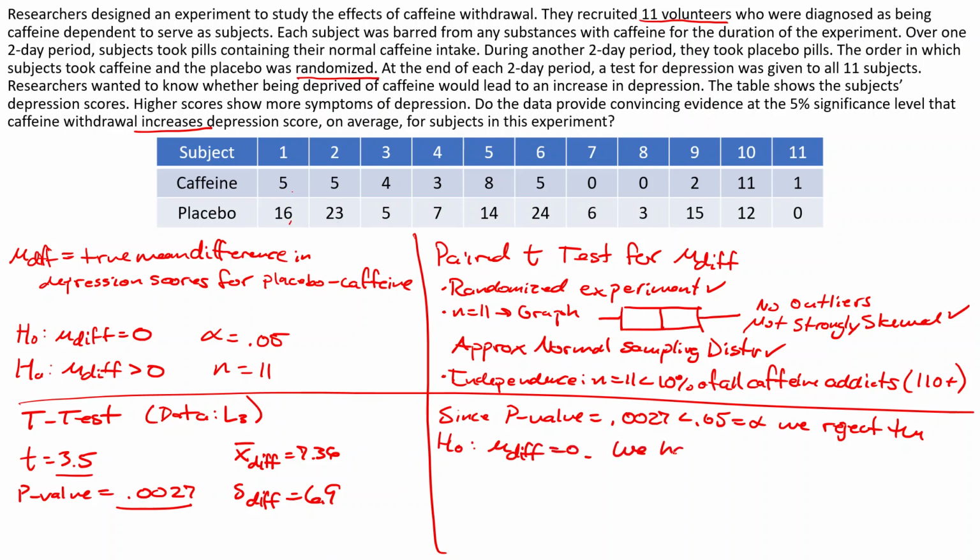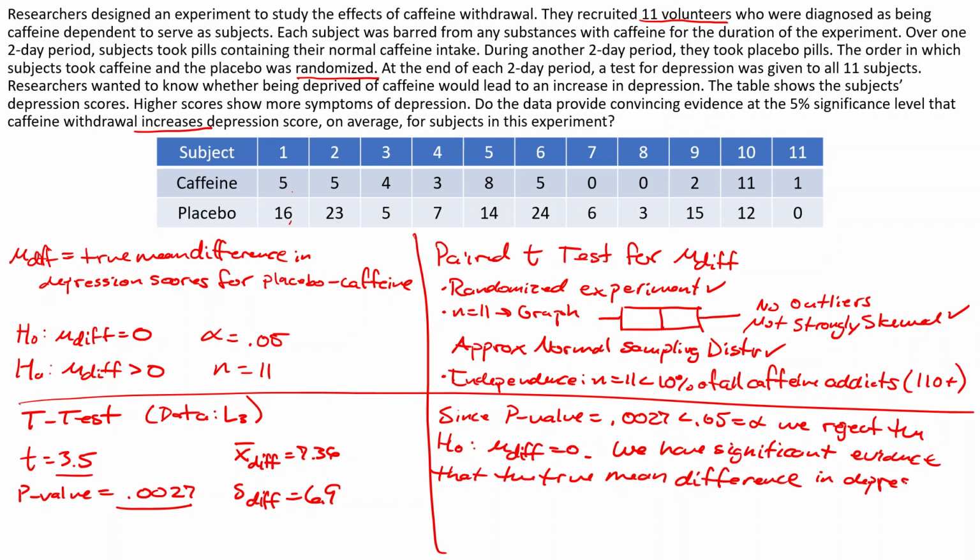In other words, we have significant evidence for the alternative hypothesis that the true mean difference in depression scores is higher for placebo than for caffeine pills.